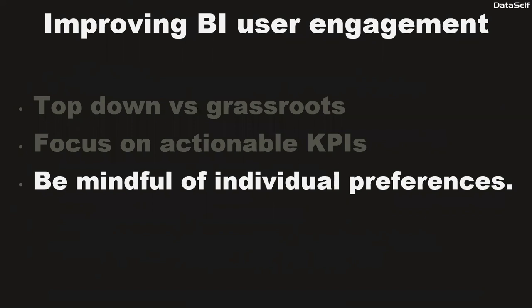Alerts is a very popular one. Some people don't want to receive anything unless something important is going on. So being able to also set up alerts to automatically notify people is another feature that can help broader user engagement.